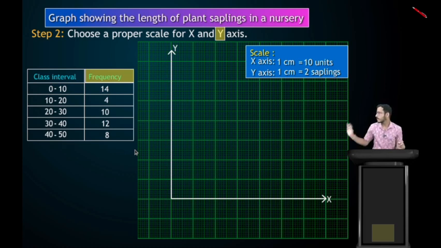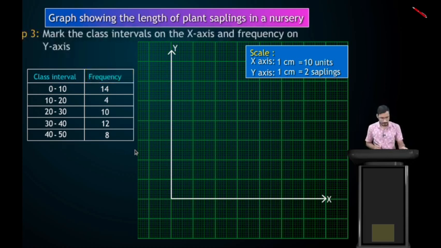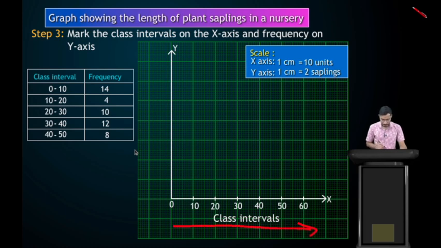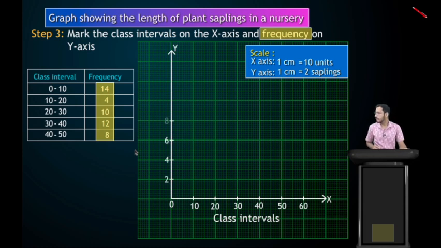Now mark the class intervals on the x-axis and the frequency on the y-axis. Mark the class intervals 10, 20, 30, 40, 50, 60 on the x-axis, and the frequency 2, 4, 6, 8, 10, 12 and 14 on the y-axis.